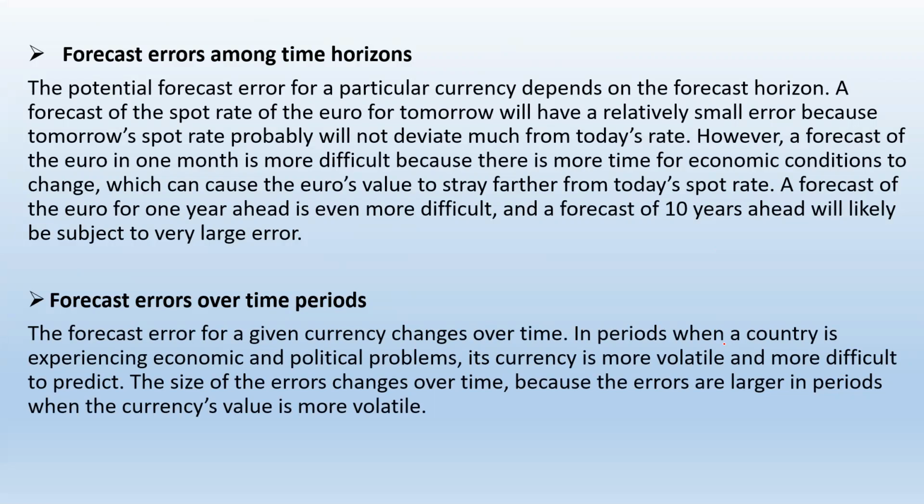And sometimes you should know the forecast error for a given foreign currency will change over time. In some periods when the economic condition is relatively stable and the political environment is stable, the currency will have relatively smaller volatility, and the forecast error will be smaller. If the economic condition deteriorates and the political environment is really harsh, then the foreign currency will have very high volatility and the forecast errors will become larger.